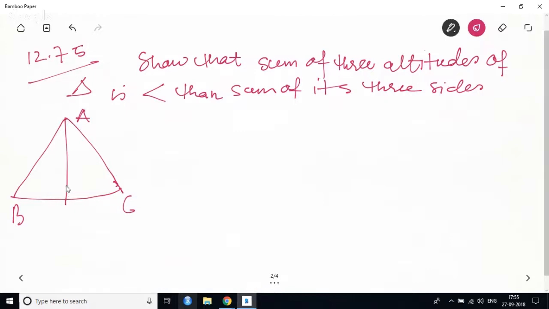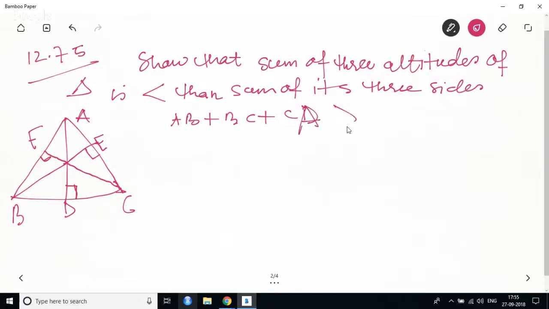Now this is AD, this is one altitude, this is BE, this is the second altitude, and this is CF, which is the third. So I have to show that AB plus BC plus CA is greater than AD plus BE plus CF. Now how do you do it?